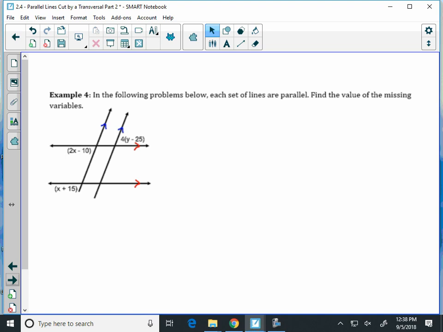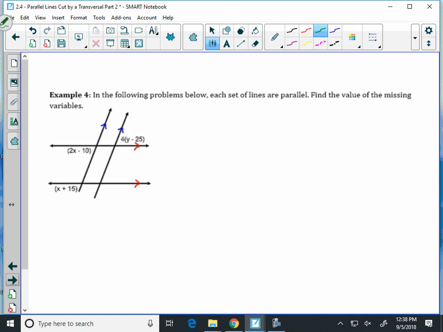Which one do we clearly have to solve for first? X, because there's no other y there. There's no other number you can pair with y. There's only x's. So we have to deal with x first. Sometimes you can get away with solving for y first, but in this situation, we have to solve for x.